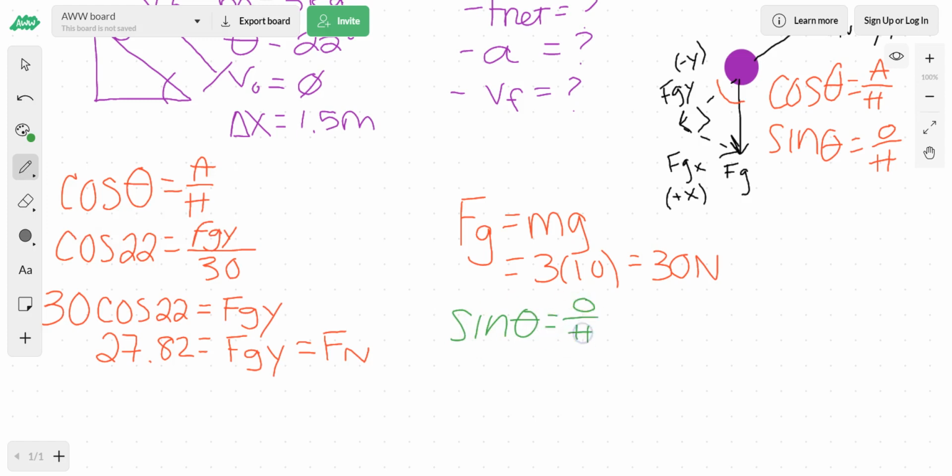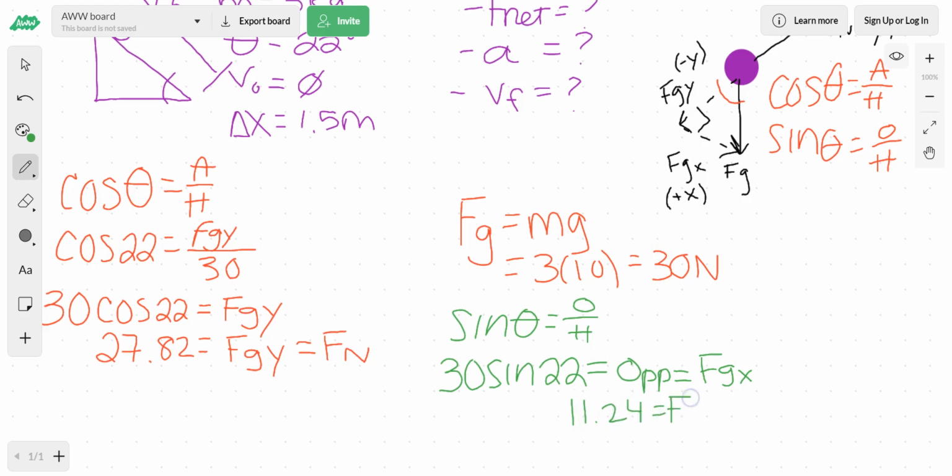And we know the angle and we know the hypotenuse. So when we rewrite that, we can write it as 30 multiplied by the sine of 22 equals the opposite, which is FGX. So 30 times the sine of 22 is 11.24.